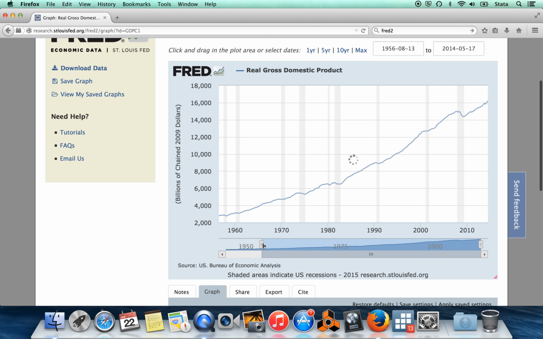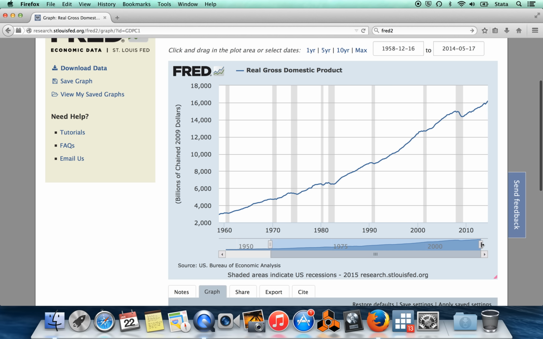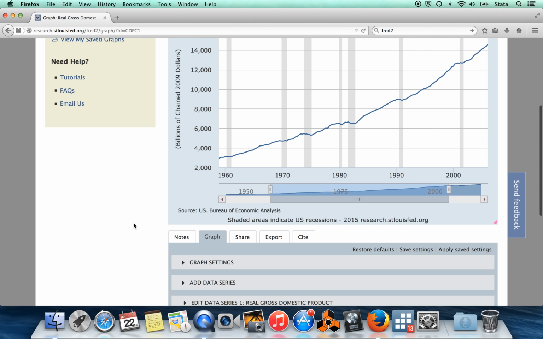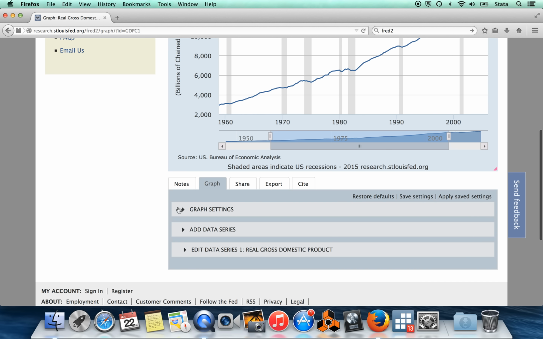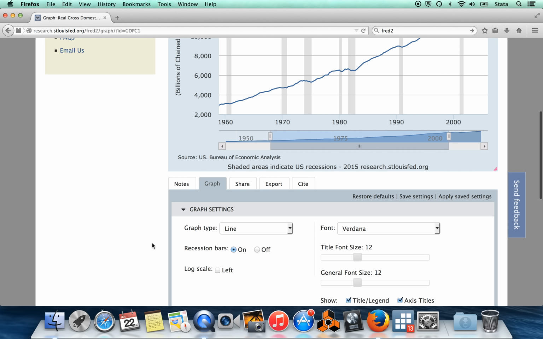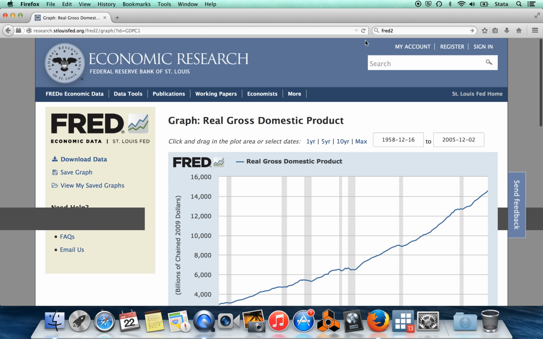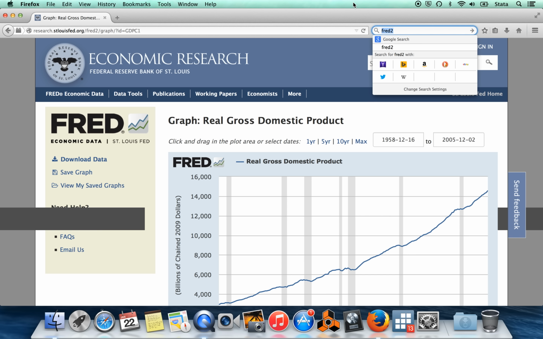I can adjust what years are in the graph by pulling these handles. The shaded areas represent recessions. If you didn't want the graph shaded where there's a recession, you can play with the graph settings down here. You can also export the graph over here. So there are a lot of really nice tools for making graphs, which allow you to have a really short time between when you have an idea and when it turns into a nice graphic.